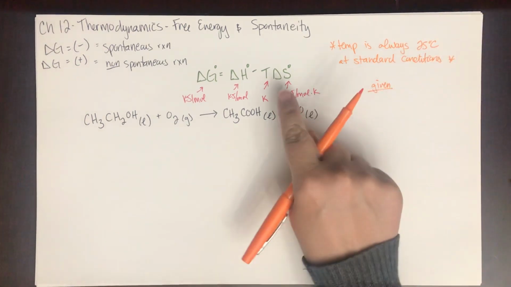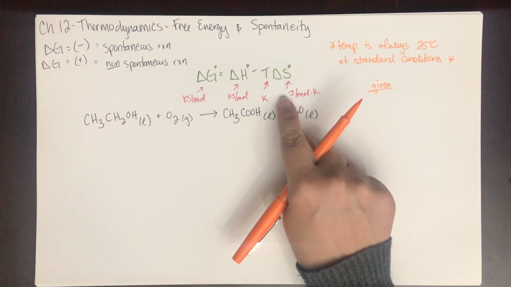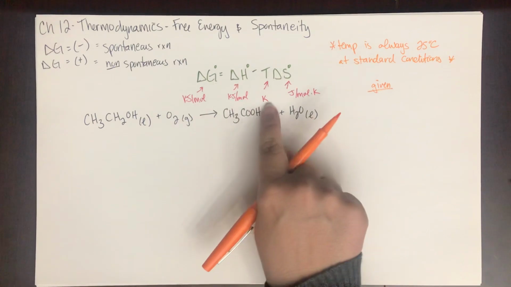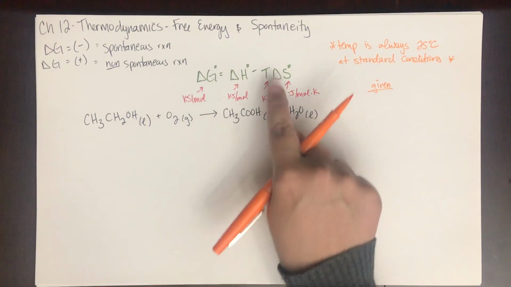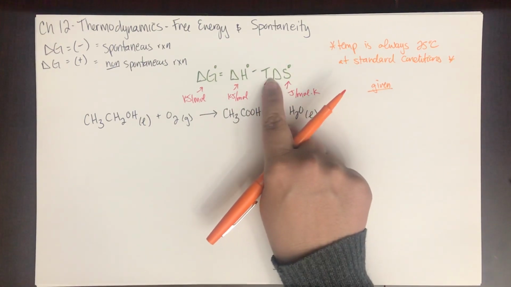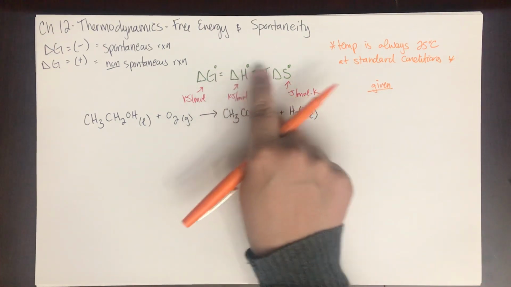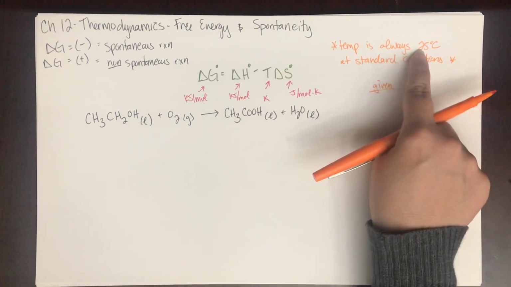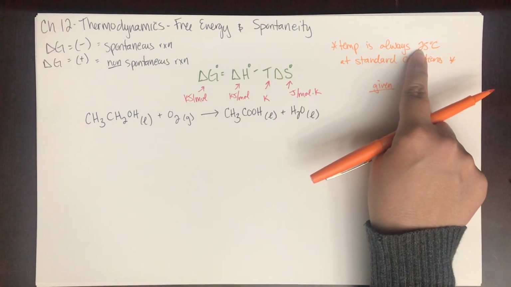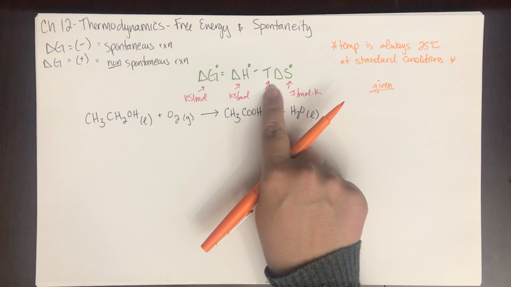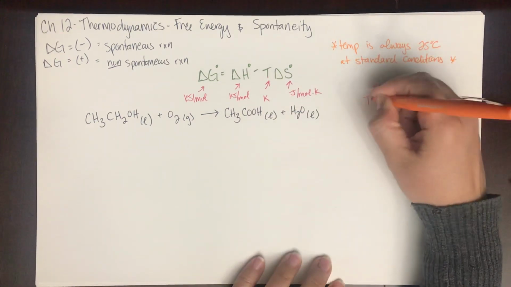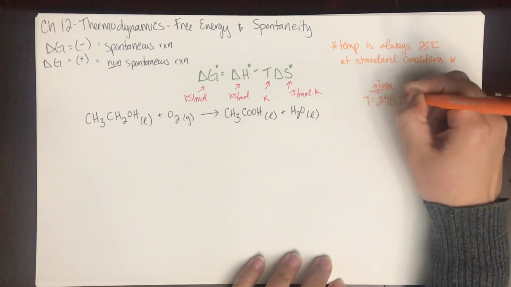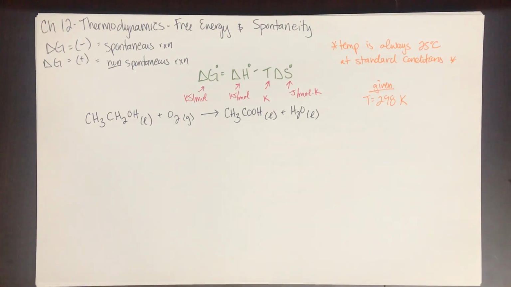I usually get questions when students are doing their homework and they say, I don't know how to do this because it doesn't give me the temperature. If you see these degree signs here, that means you're at standard conditions. Standard conditions is always a temperature of 25 degrees Celsius, which means the temperature that's going to go here is going to be 298 because it needs to be in Kelvin.